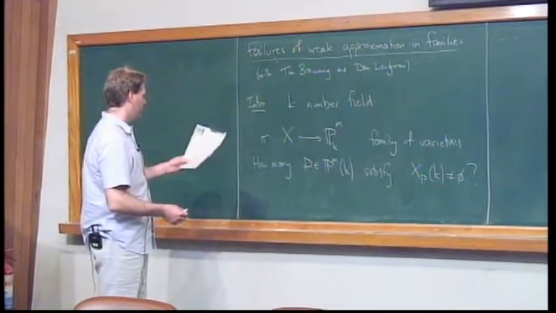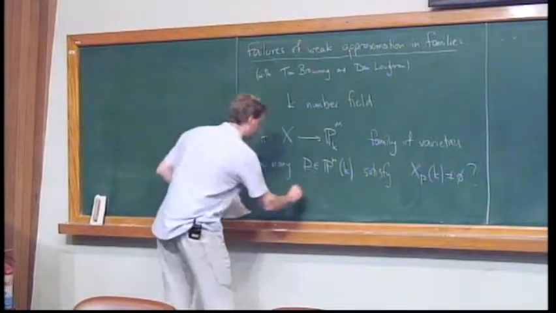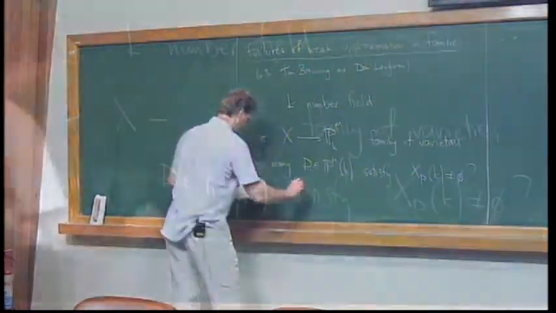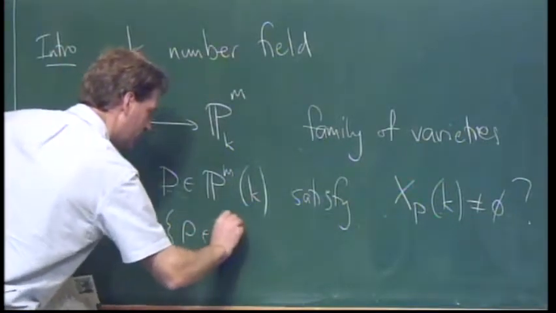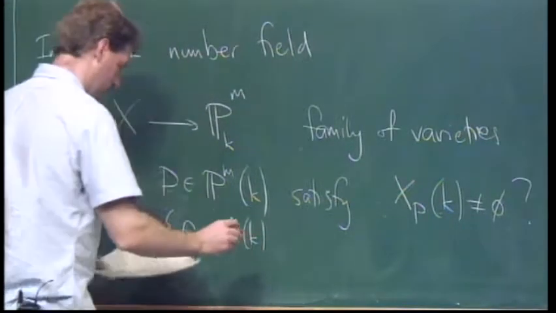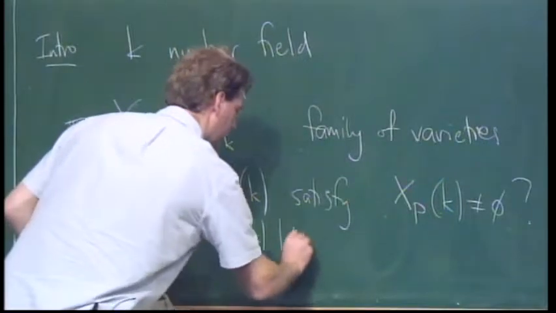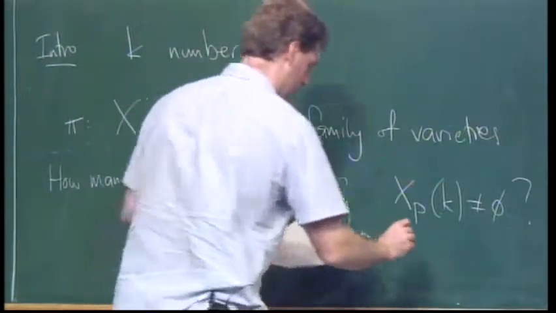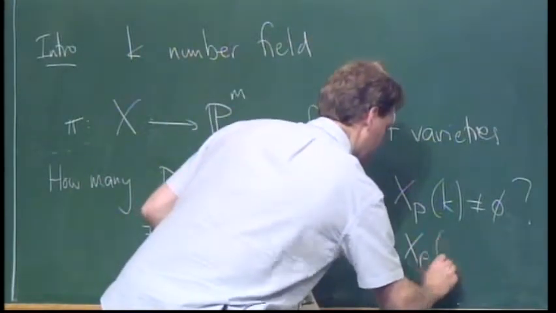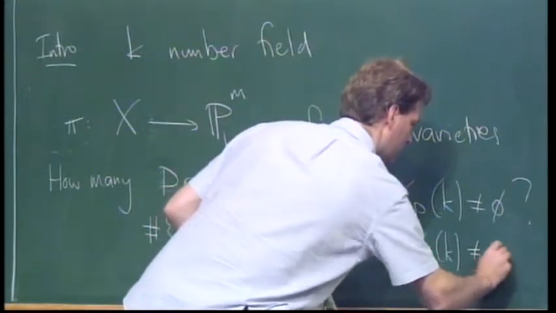So really what I'm asking is I want to look at the number of P in P^m(K) such that the height of P is less than B and X_P(K) non-empty.